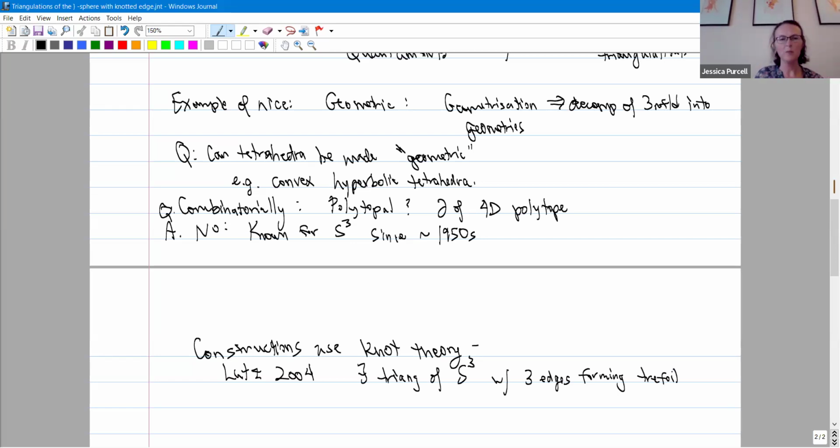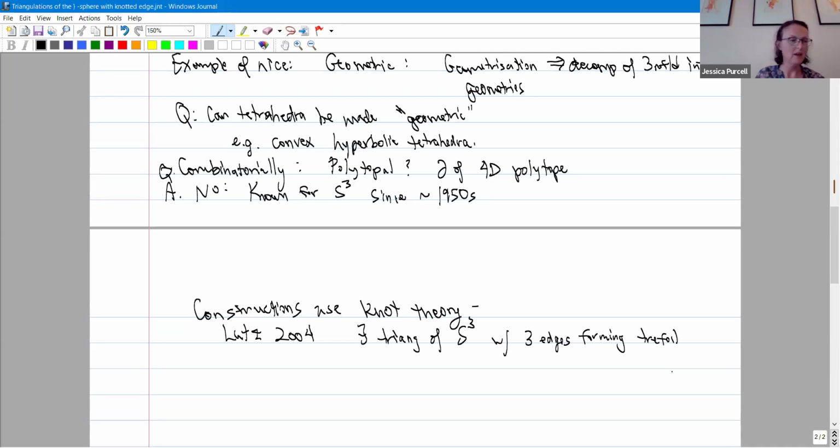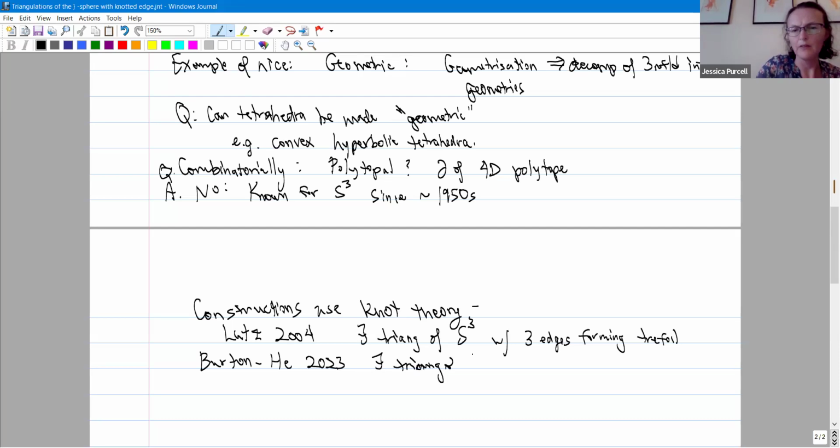And this, in particular, will mean that this triangulation is not polytopal, but also it has other consequences. Kind of related is recent work of Burton and Key from 2023, which showed that in fact, there exist triangulations of the three-sphere where every edge is knotted.